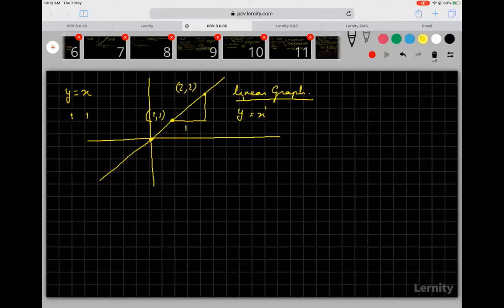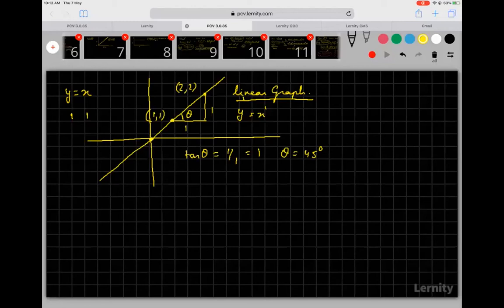So this is 1, this is 1. This angle here is theta. Then tan theta is equal to what? 1 by 1. That is equal to 1. So can I say the theta is equal to 45 degrees? Because I know tan 45 is equal to 1.